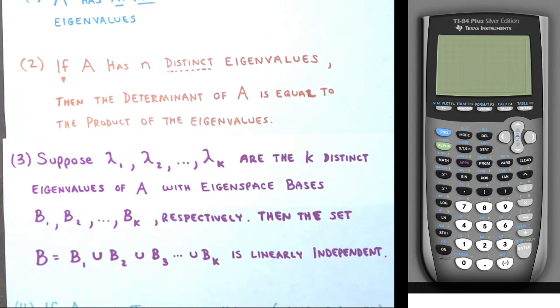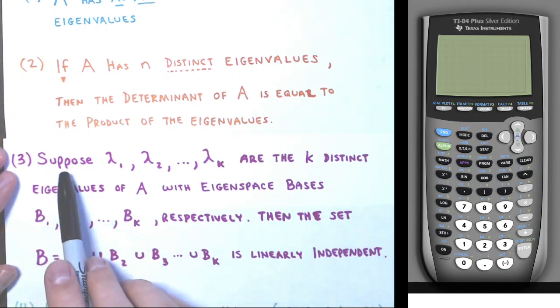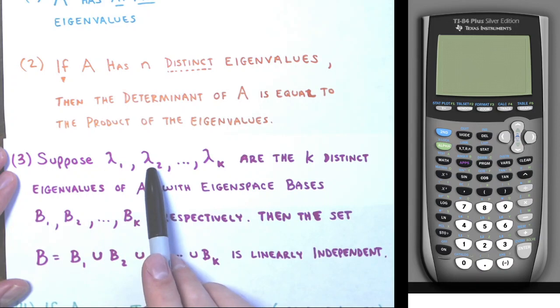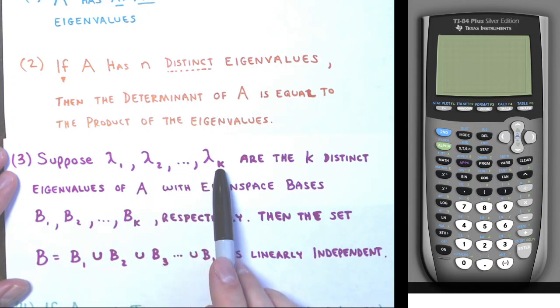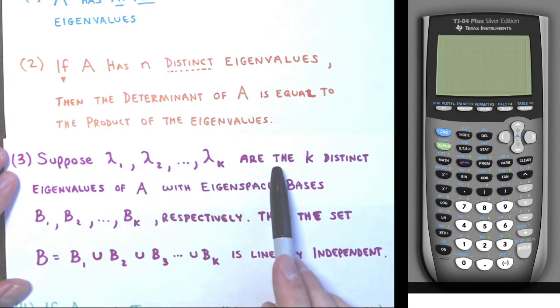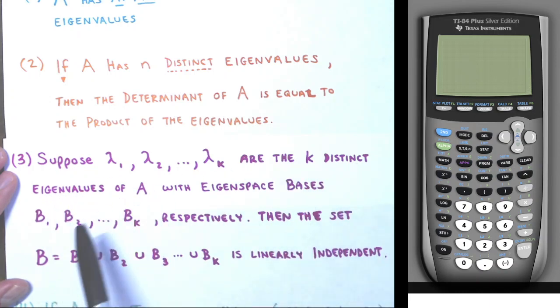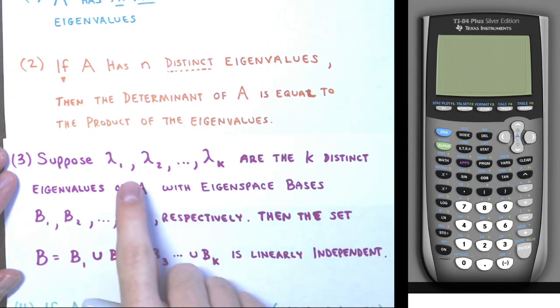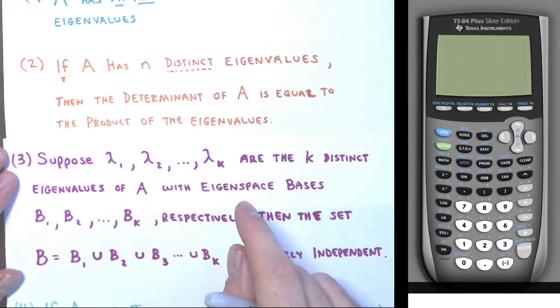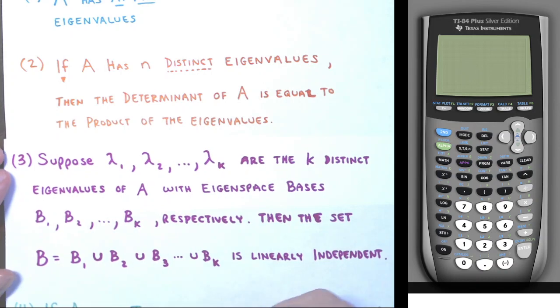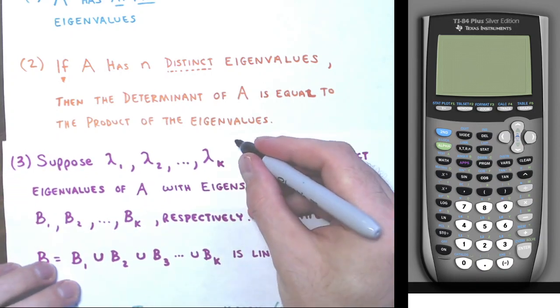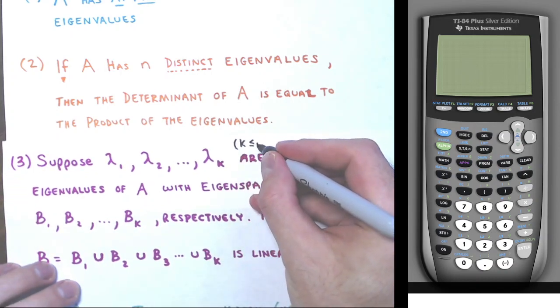Suppose lambda 1, lambda 2, all the way up to lambda k are the k different eigenvalues of A. If A is n by n, you can have up to n different eigenvalues, but there might be repeats, so you don't count those. So this k here is less than or equal to n.